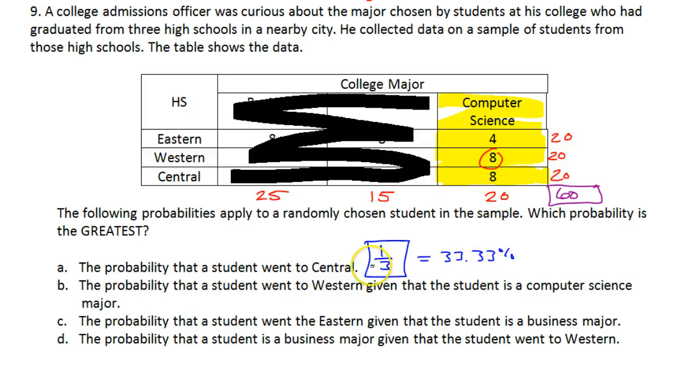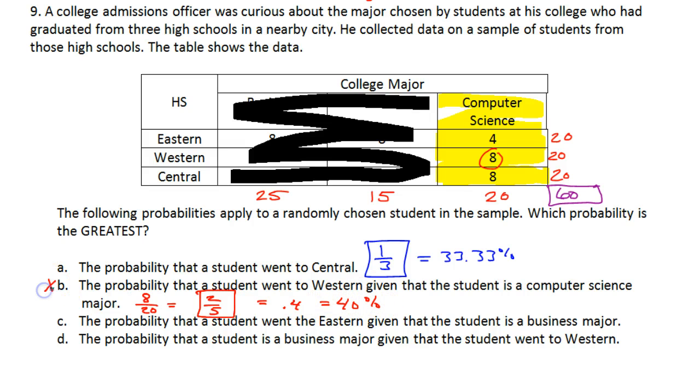So 8 out of 20. That reduces, 4 divides into both, so that's 2/5. And 2/5 as a decimal is 0.4, so that's 40%.